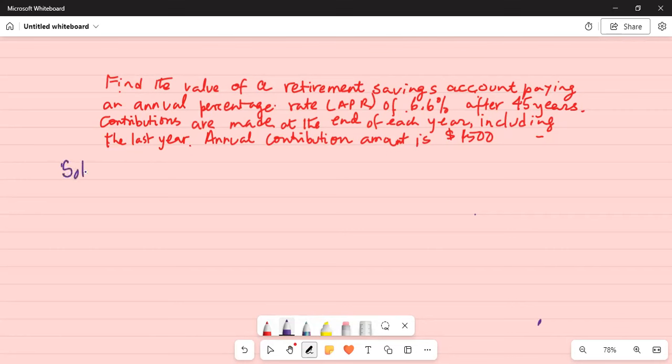The solution. Retirement savings formula is V, with annual contributions.